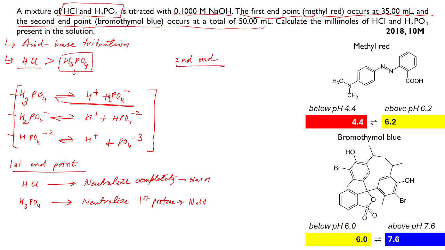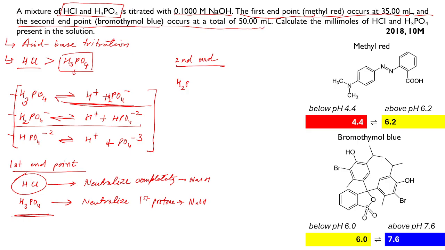Now what is the meaning of this second endpoint? As I told you, HCl is neutralized completely at the first endpoint, and H₃PO₄ is going to dissociate in different stages. The first stage is already completed at the first endpoint. Now what will happen at the second endpoint? This is again going to dissociate in a second reaction, giving a second proton.